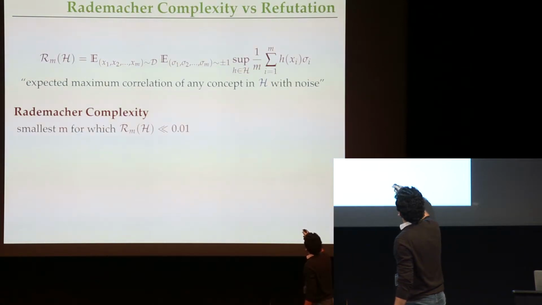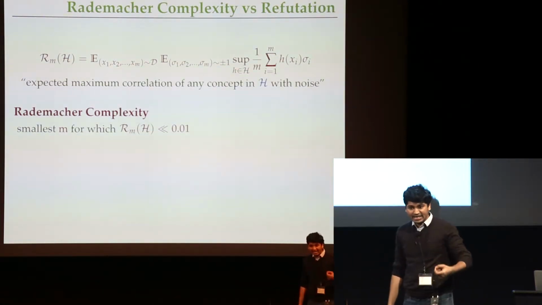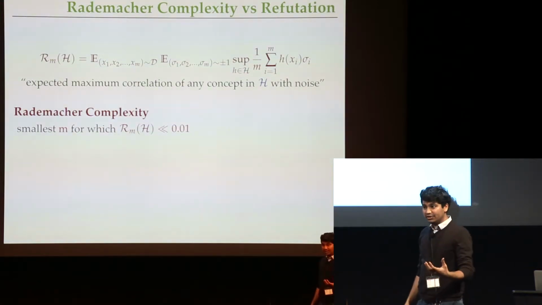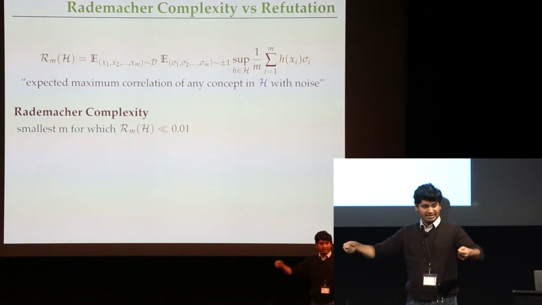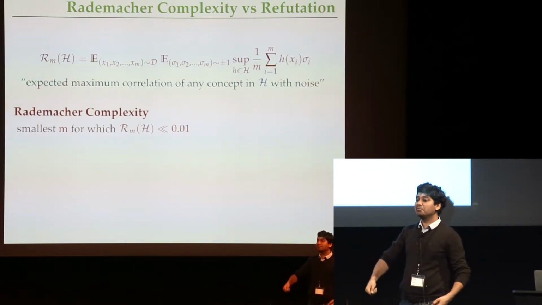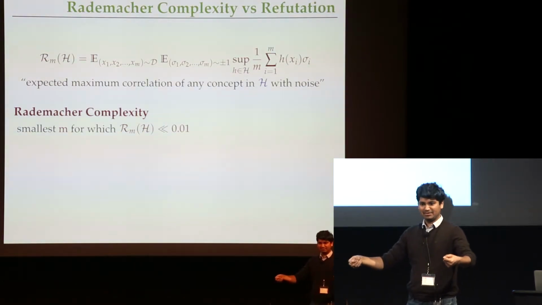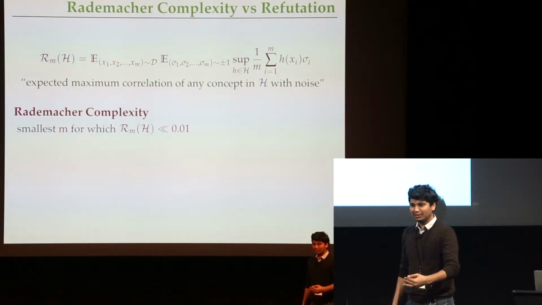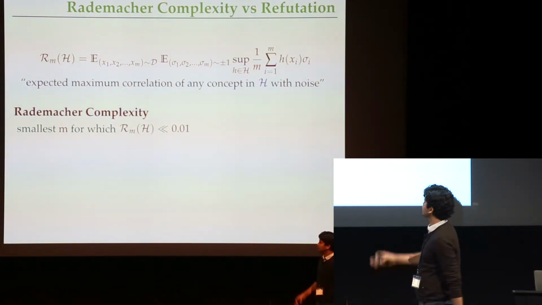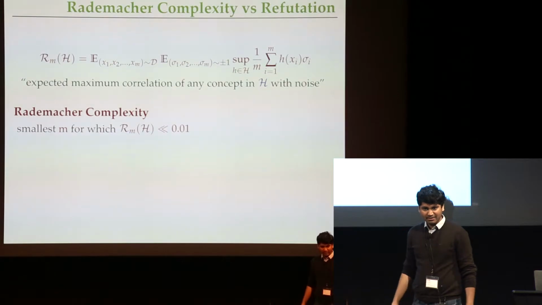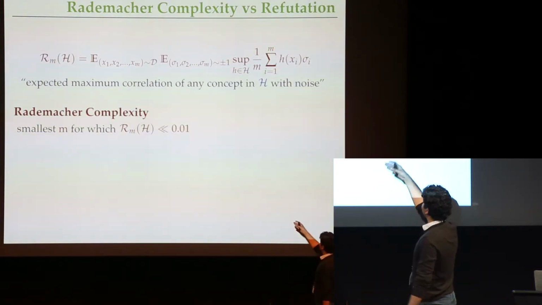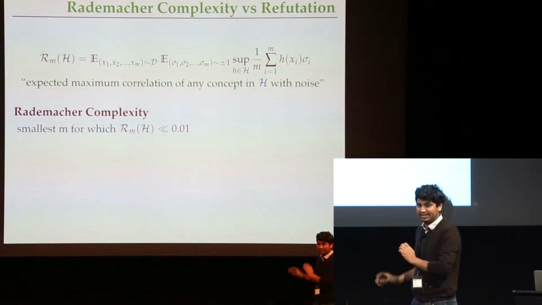I take any function h from my class H, and I compute the correlation of h, when evaluated over x1 through xm, with completely random noise sigma_i. And I find the maximum correlation of any function in my class to this complete garbage. And then I just take expectation over the examples and the randomness of the sigma_i's.